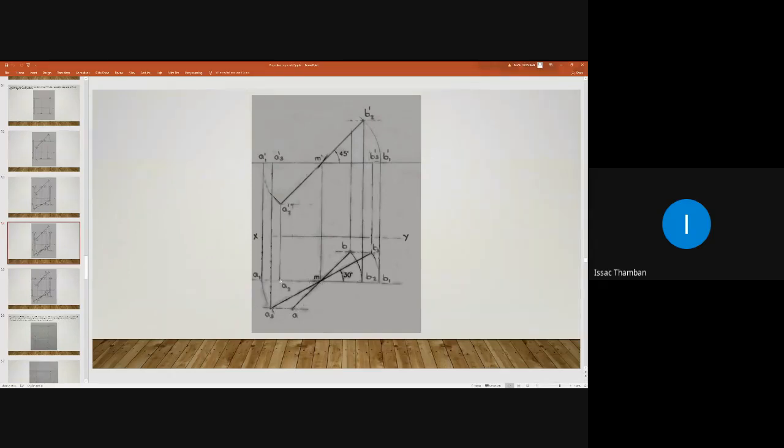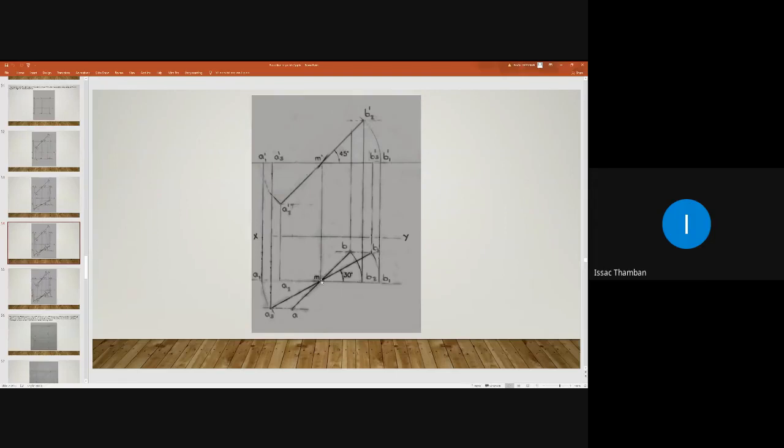Here, point M is fixed. We know the plan length. So you take half of the plan length, that is MA2, and draw an arc starting from A2 and intersecting this locus line here. And we will mark it as small a.